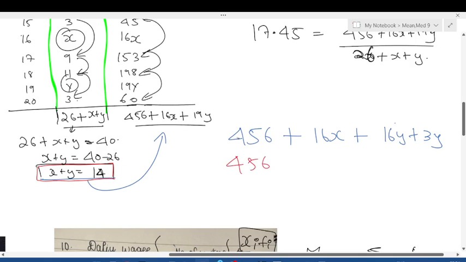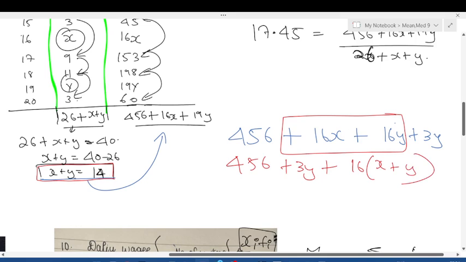So how did I split 19y? 16y plus 3y, so that we get x plus y common. What is common? 16. In bracket, what do you get?